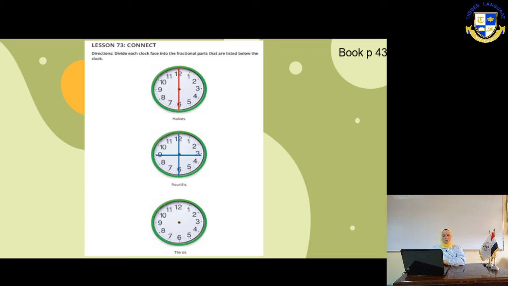So we are going to cut the clock into half, then another half, it will be 4 parts, like this. Okay? If I want to cut the clock into thirds, it means I'm going to cut it into 3 equal parts. So the first one will be on 12, and the 2/3 of the clock are 4 and 8. Okay?